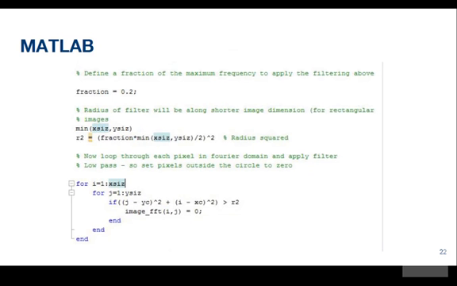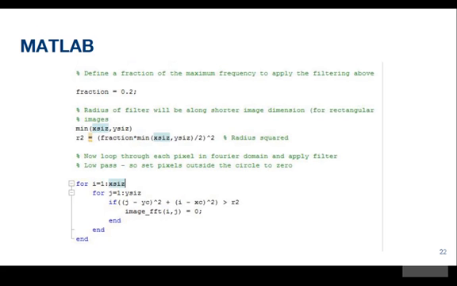If the image is not square, we will define the radius of the filter along the shorter image dimension. So the shorter image dimension is the minimum of x size and y size, which are the sizes of the image. Then we work out what the radius is.